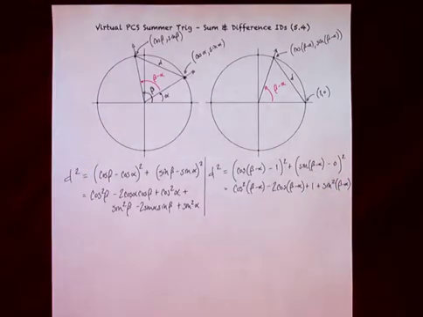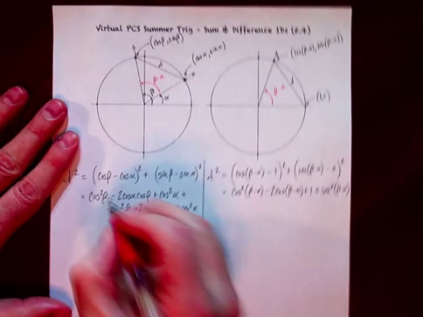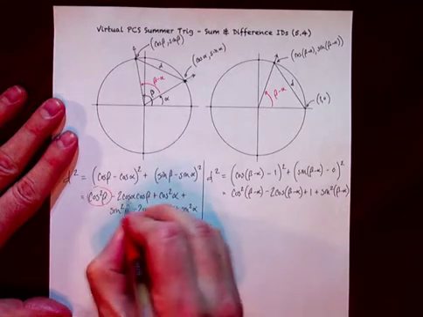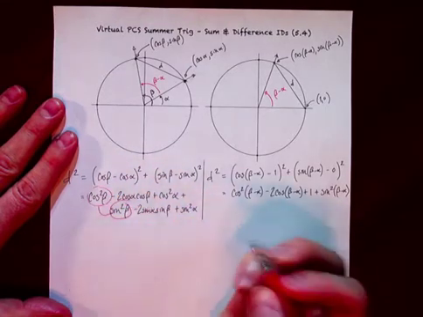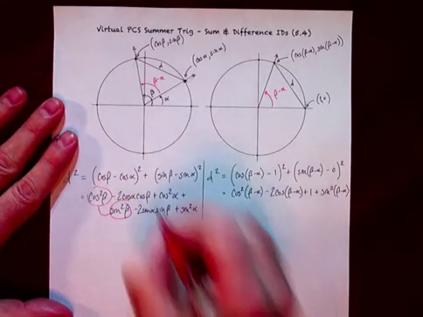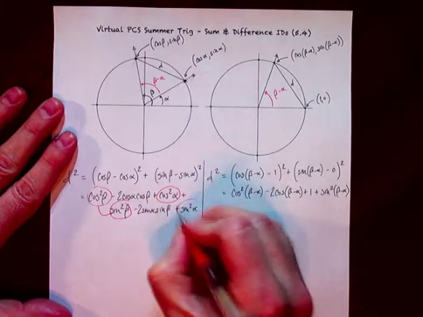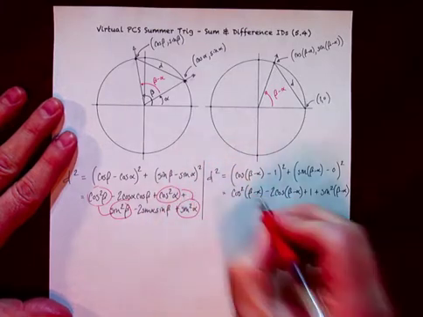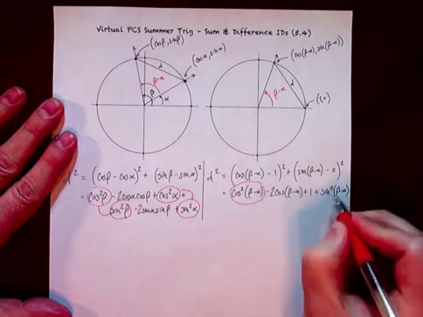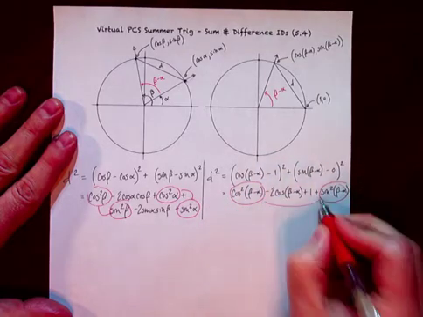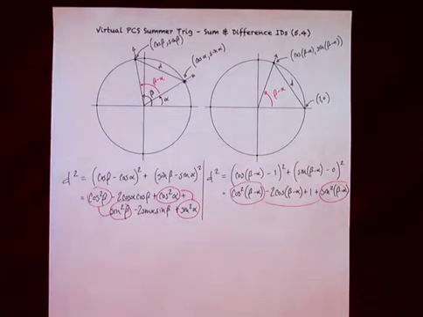Now, there's a whole lot of sine squareds and cosine squareds, and they're all positive, which means that these two right here can link up and become 1. These two right here can link up and become 1. And these two right here can link up and become 1.